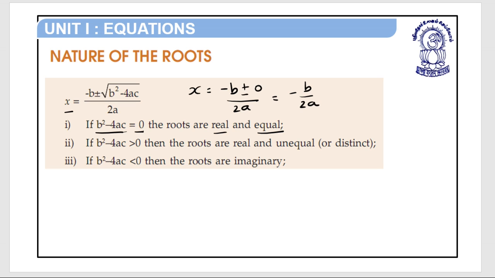If b square minus 4ac is greater than 0, then the roots are real and unequal, or distinct. If b square minus 4ac is less than 0, then the roots are imaginary. These three points, you have to remember and use whenever needed.